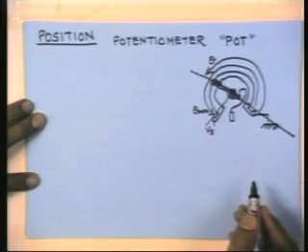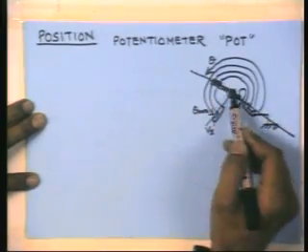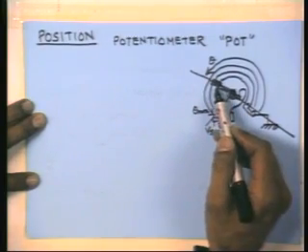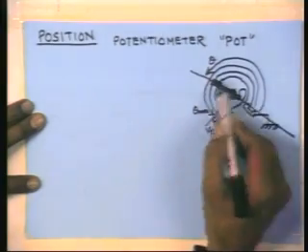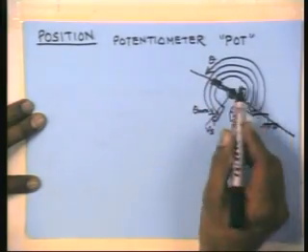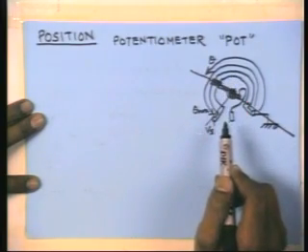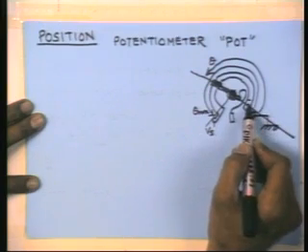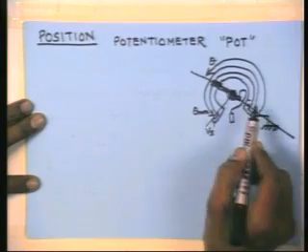Then we have a relationship talking about the position of the shaft with respect to the position of the wiper, which would be known in terms of the position on the resistor, because the resistance is assumed to be a linear resistance, which means resistance will keep on increasing with respect to this point as you travel around this resistor.